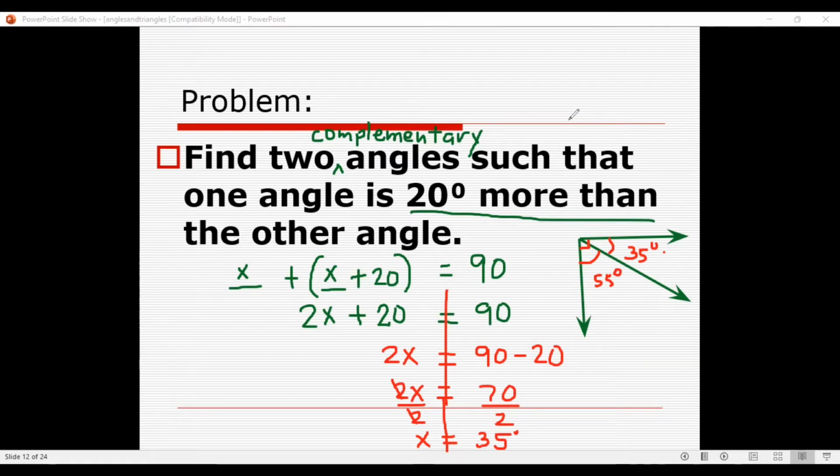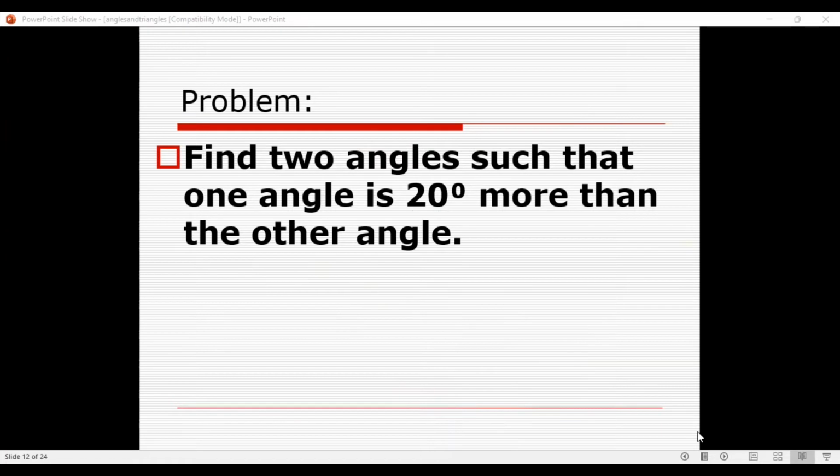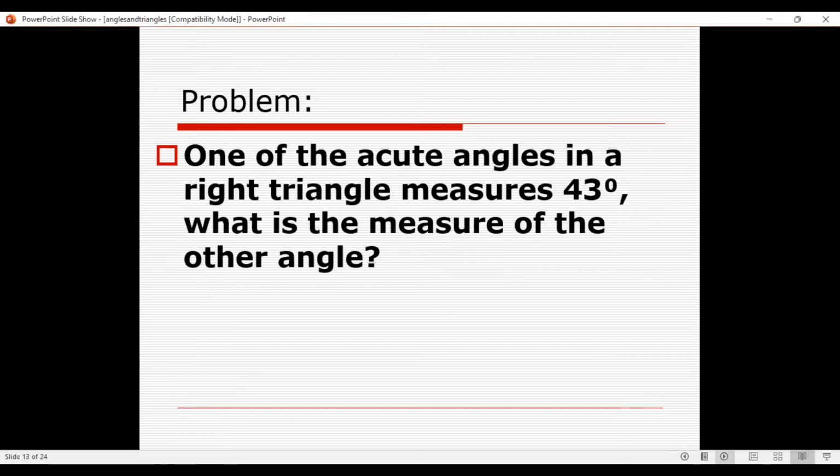Okay, let's have another example for this. Okay, here, one of the acute angles in a right triangle measures 43 degrees. So what is the measure of the other angle? Now we know that a right triangle is a triangle with one right angle.